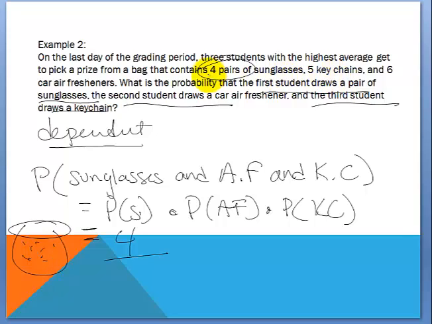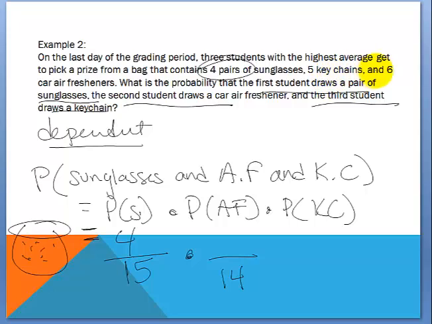So if we add those up, 4, 5, and 6, that's a total of 15 items. So our sample space is 15. Once the sunglasses are chosen, the student isn't putting the sunglasses back in the bag. He's keeping them because they're a prize. So that means that when the next student goes to actually draw, there's only 14 items left.